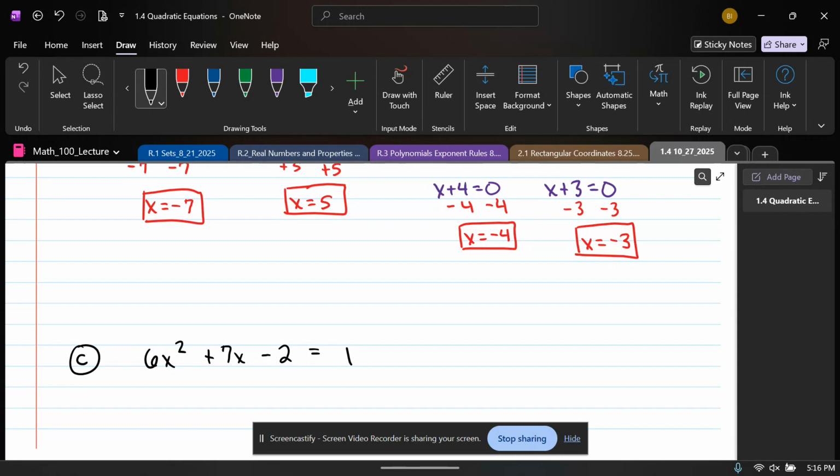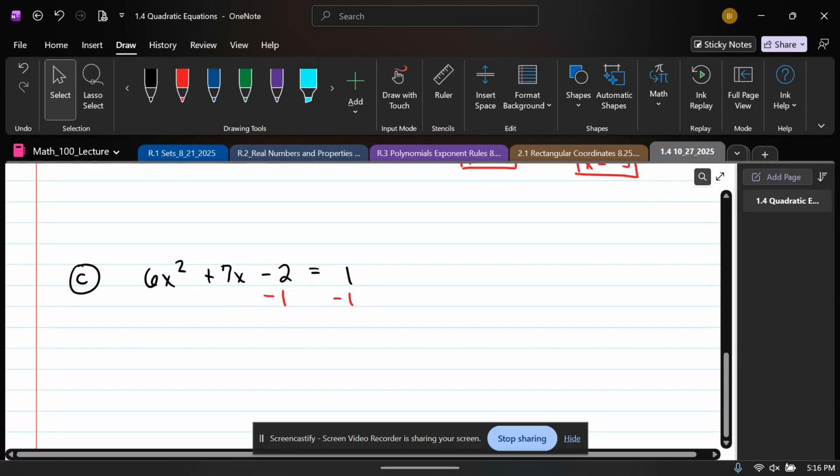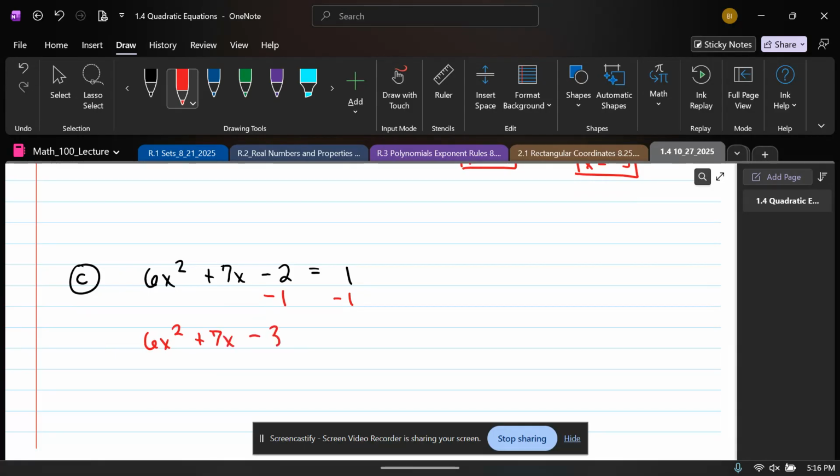So I need to get rid of this 1 that's on the right-hand side. So it's a positive 1. To move it to the other side, I'm going to use a minus 1. So I'm going to subtract it to its like term over there. Now I have 6x squared plus 7x minus 3 is now equal to 0.